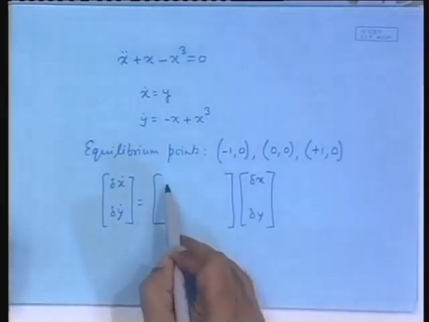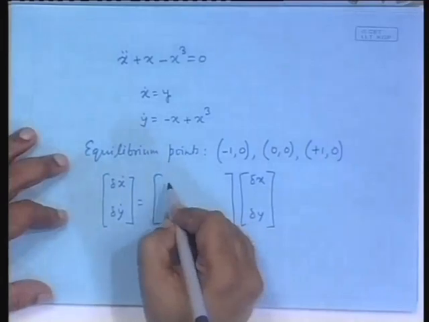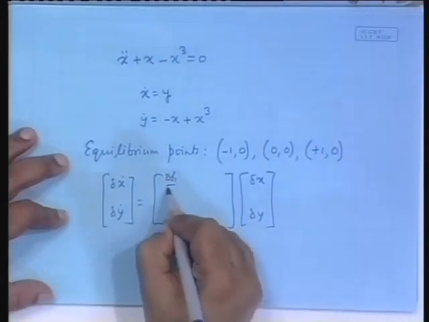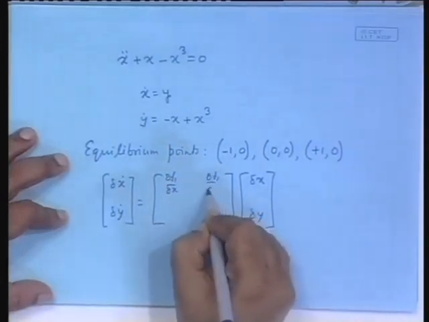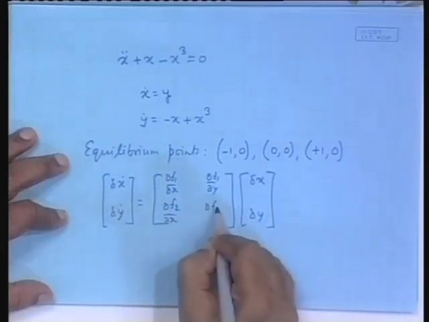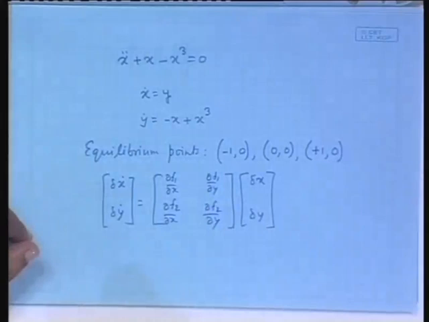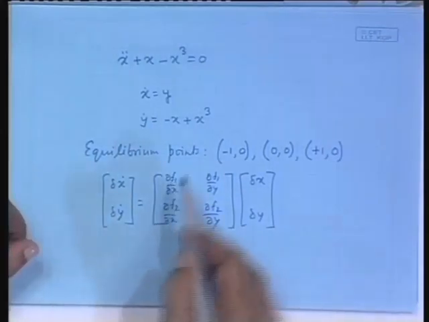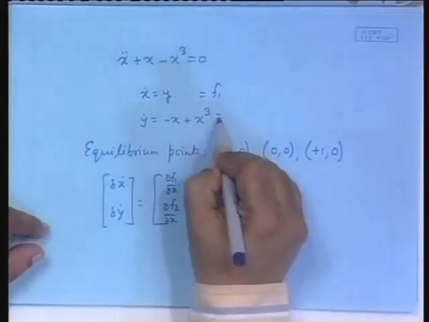The Jacobian matrix is, okay, here is your F1 and here is your F2.